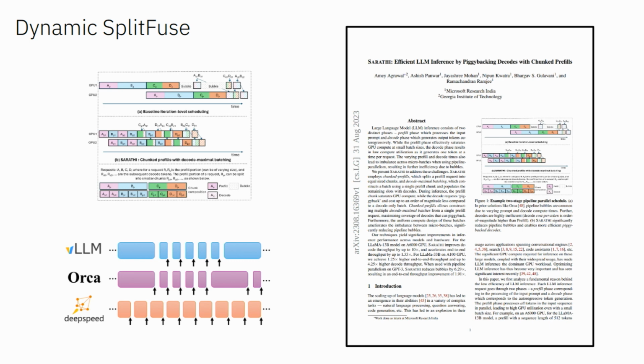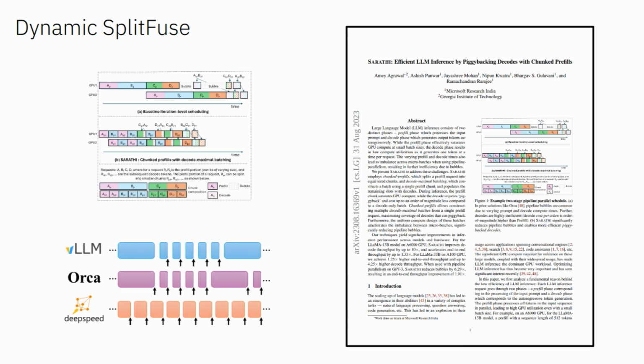Something that came out very recently from Microsoft is a technique called dynamic split fuse. This is in their revamped DeepSpeed inference, or DeepSpeed FastGen, I think they call it now. This addresses a problem with the way continuous batching works, as I described it: you have to interrupt the flow of next tokens for the current batch to add a new batch in.